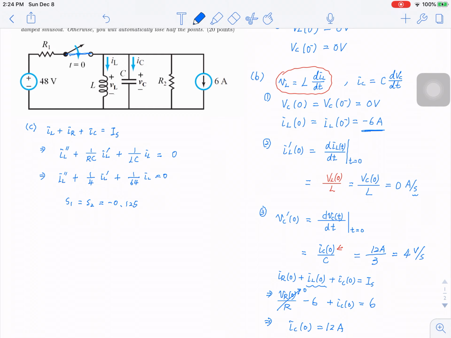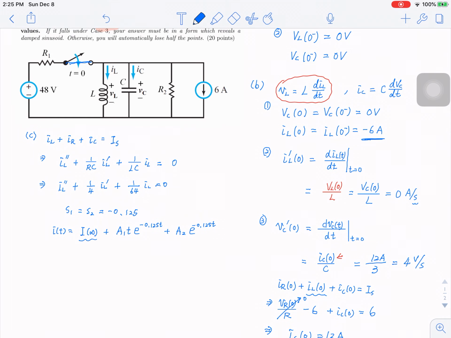So the solution IL(t) is equal to I infinity plus A1 t exponential minus 0.125t plus A2 exponential minus 0.125t. So what is I infinity? The key point is we are interested in I infinity.